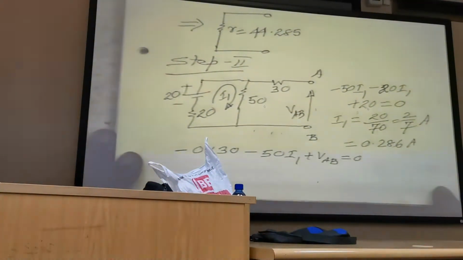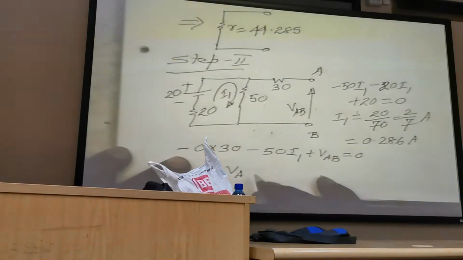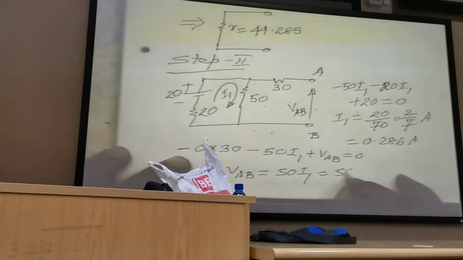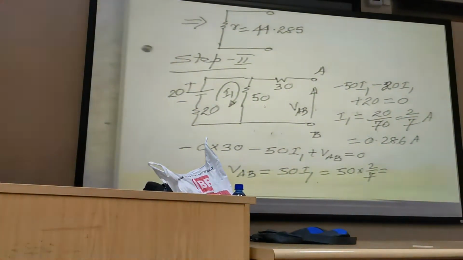We need to find out VAB. So VAB equals 50 times I1, that is 50 times 2 by 7 to be accurate, and that would be 100 by 7.